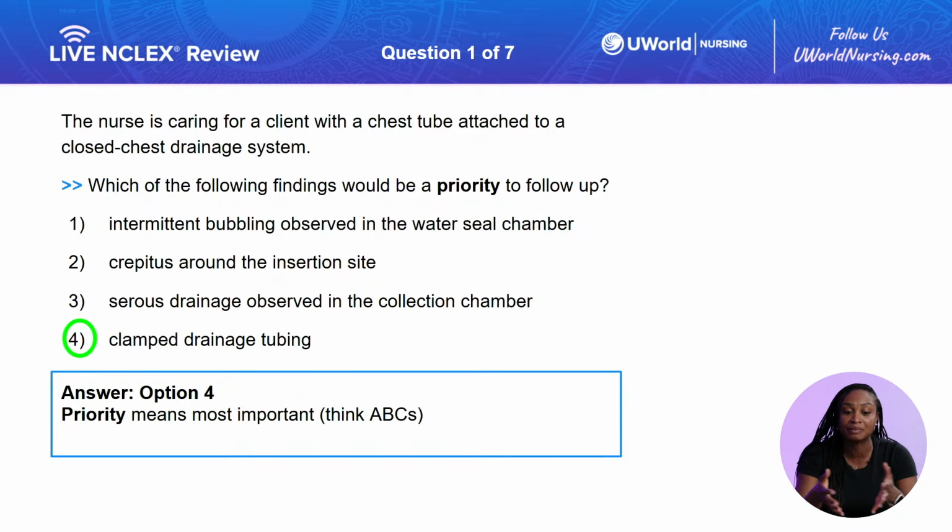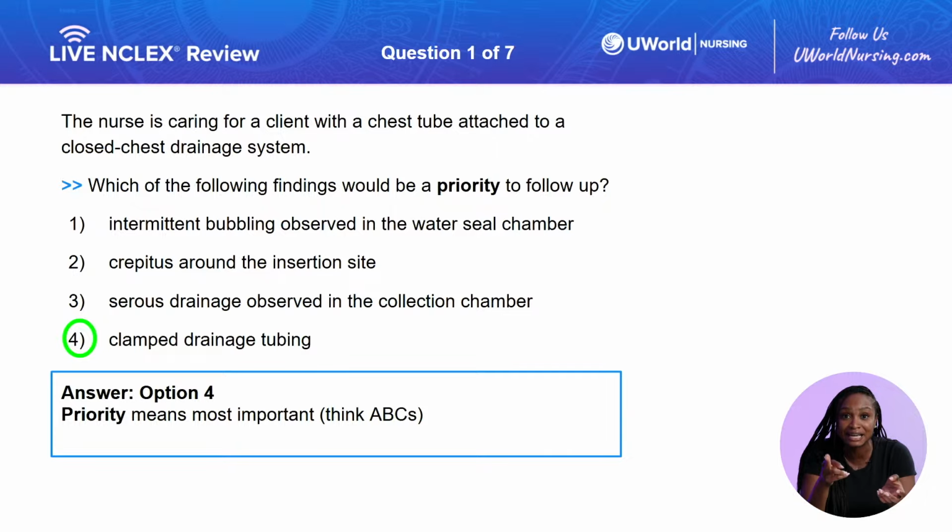A chest tube is a closed chest drainage system that removes air, blood, and any fluid that is in the pleural space of the lung and helps re-expand the lung. This is a device that needs to have an open system, the tube needs to be open for it to do its job and work correctly.